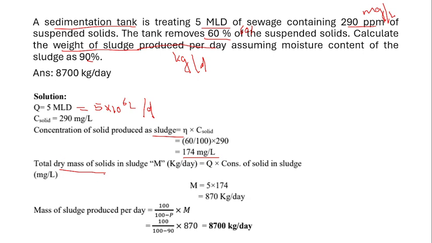So the total dry mass of solid can be given by multiplying the flow rate into the sedimentation tank by the concentration of the solid in the sludge. Here the flow rate is 5 MLD and the concentration of solid in the sludge is 174 mg per liter. The flow is in liters per day and the concentration is in mg per liter.